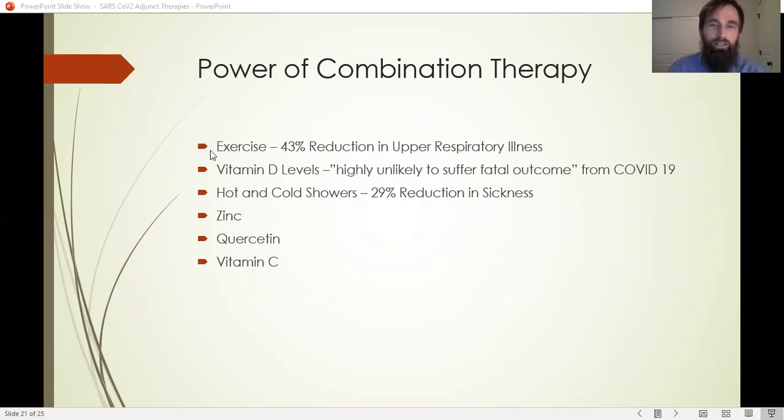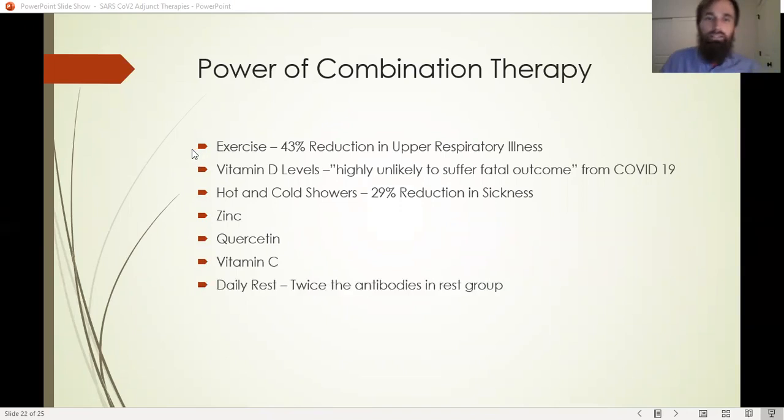So if you just did one of these, you can see how powerful some of these are. If you just did one of these, you're going to be way better off. If you exercised 5 days a week, you're going to be way better off. If you did vitamin D checks and got your vitamin D up to a good level, if you only did that, you're going to be way better off.